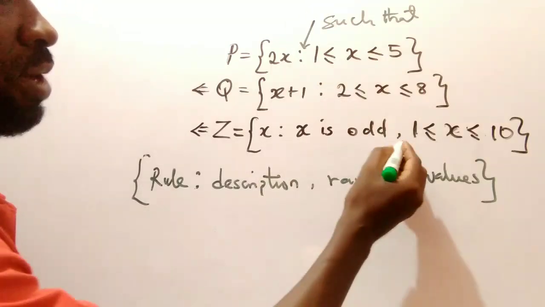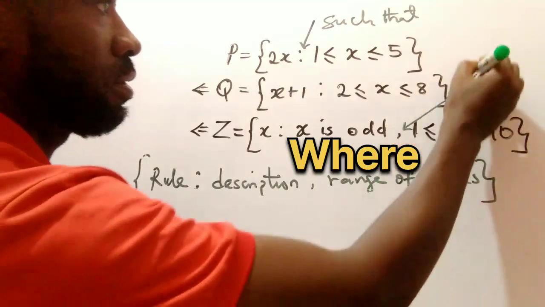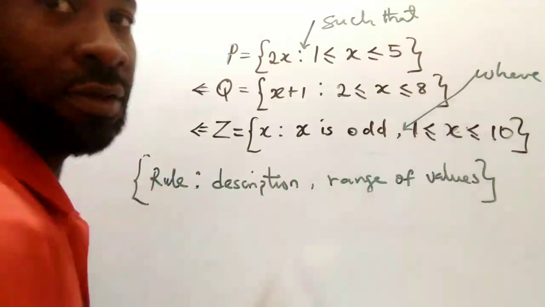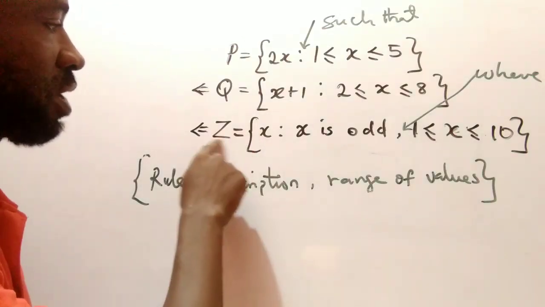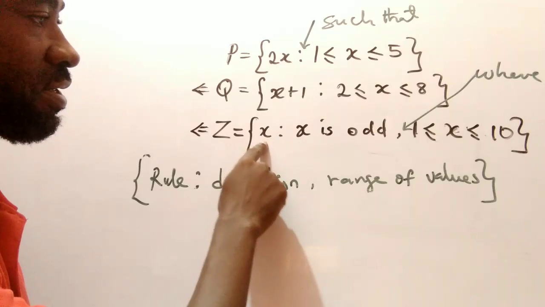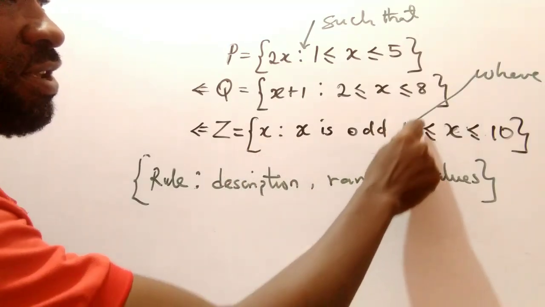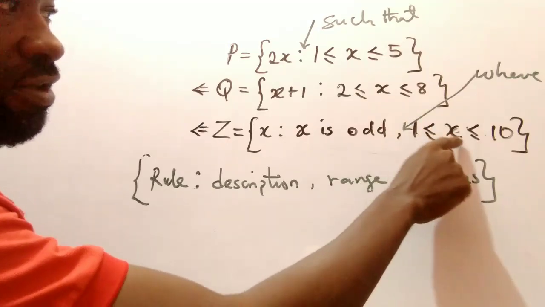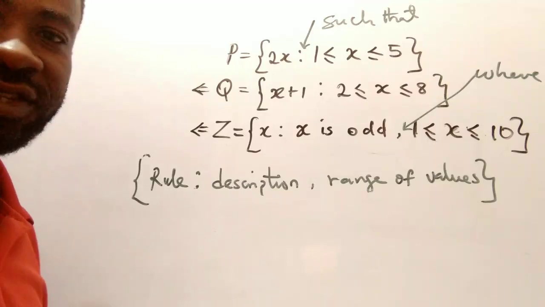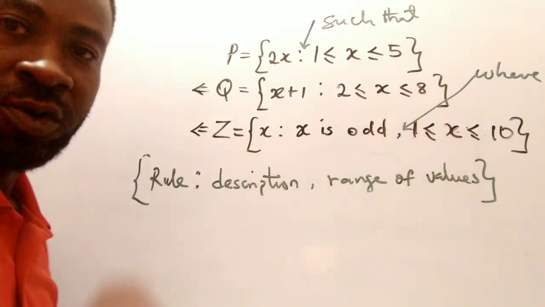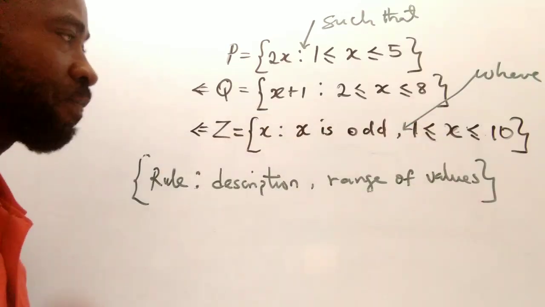Anytime you see a comma like this, the comma means where. So we can read this as Z is a set of x such that x is odd, where 1 is less than or equal to x is less than or equal to 10. So this is just the basic framework of how a typical set in this form looks.